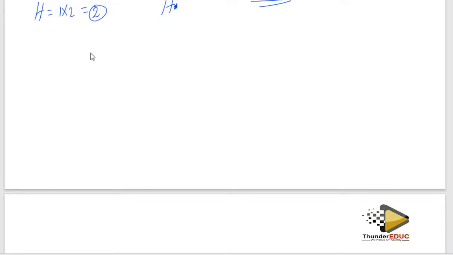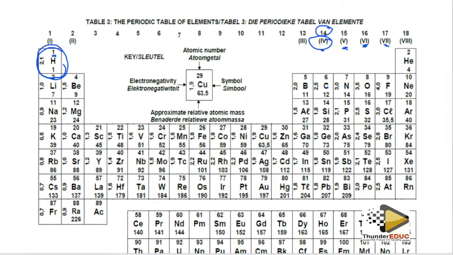Okay, water is formed like this, the Lewis diagram of that. Hydrogen is in group 1, so it's going to have 1 electron, while oxygen is in group what? Check here, you come here, oxygen is here. Don't take this number, you take the group. Group 6.